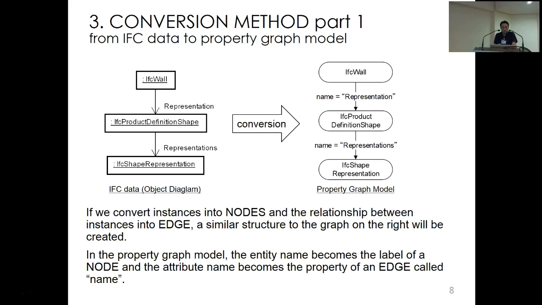In the property graph model, the entity name becomes the label of a node and the attribute name becomes the property of an edge called name.